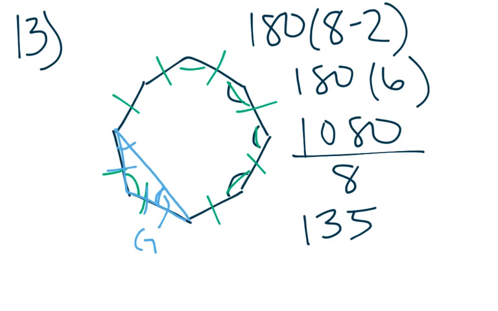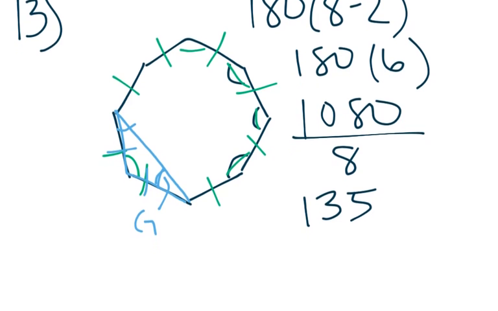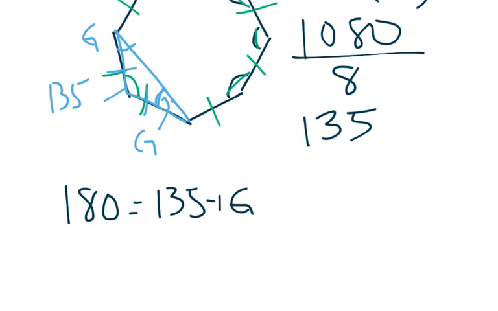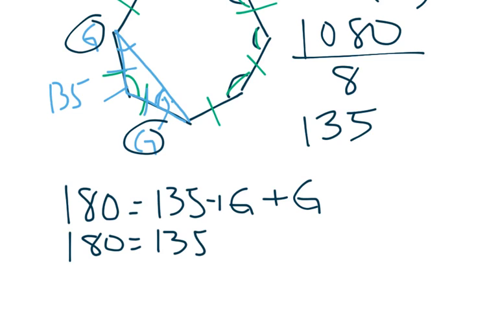If you remember, every triangle has 180 degrees. So if this is G, that means this is also G, and we can add up all of these angles and make it equal to 180. So 180 equals 135 plus G plus G. Let's simplify. 180 equals 135 plus 2G.